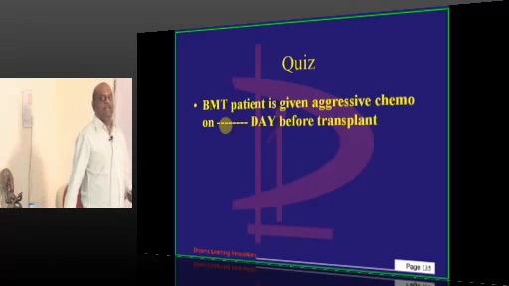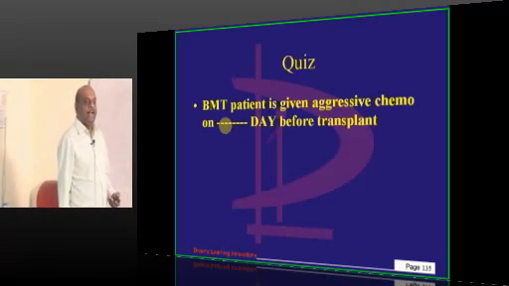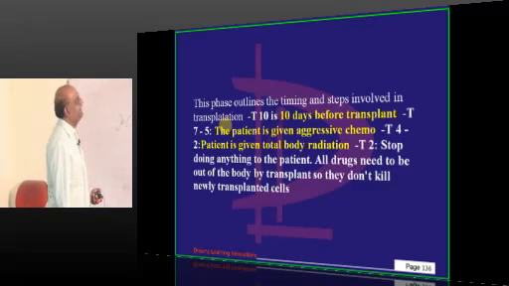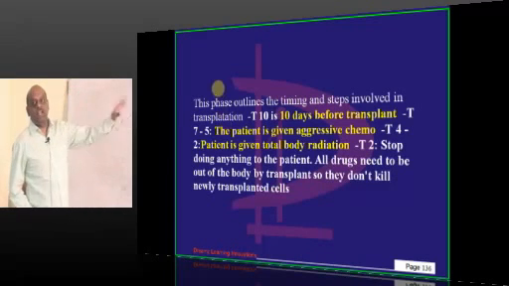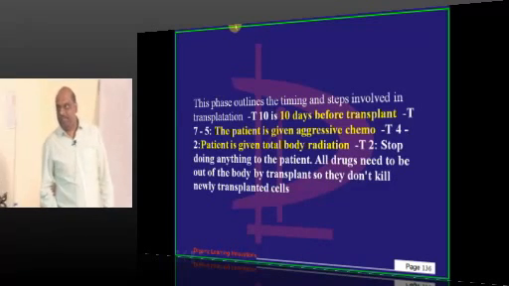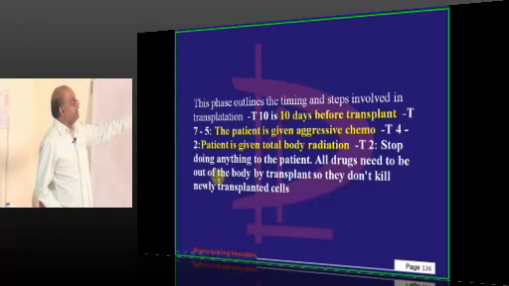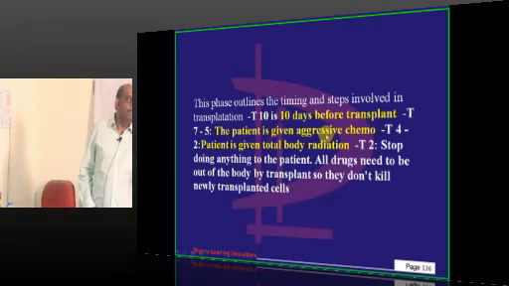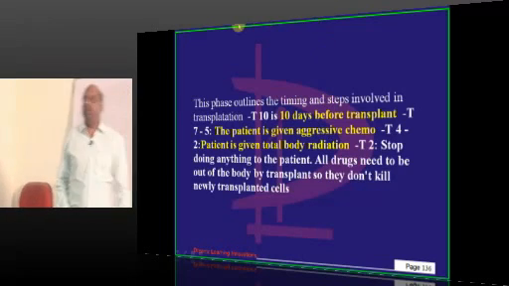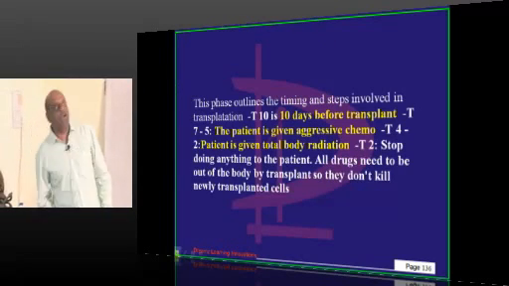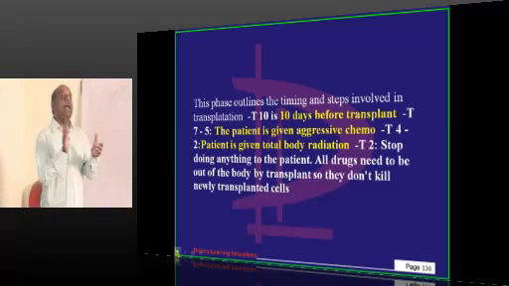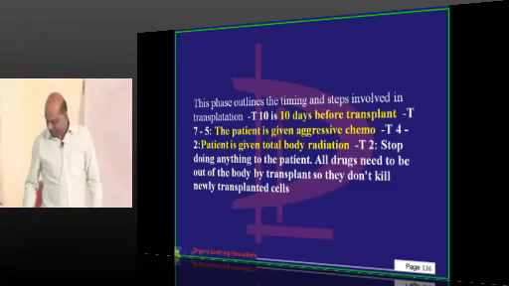Raghav is saying 7. आपका नंबर क्या है? फटाफट 5. T10 is 10 days before transplantation शुरू होता है. 5 to 7, you will give aggressive chemotherapy. Who said 7 or 5? Online, 7 or 5. Raghav gets a big clap. Very good.